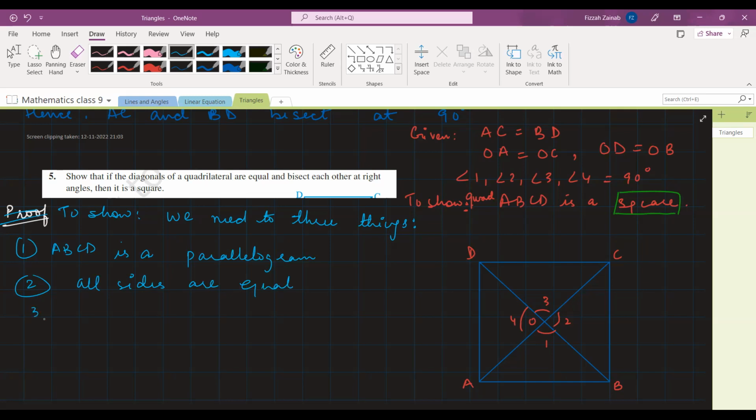Third, that one corner angle is 90 degrees. Please write, this is important.